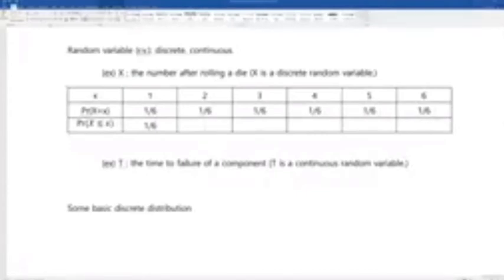When x equals 2, the probability that the outcome is smaller than or equal to x, in this case 2, would be 1 over 6 and 1 over 6, so it is going to be 1 over 3, or 2 over 6.